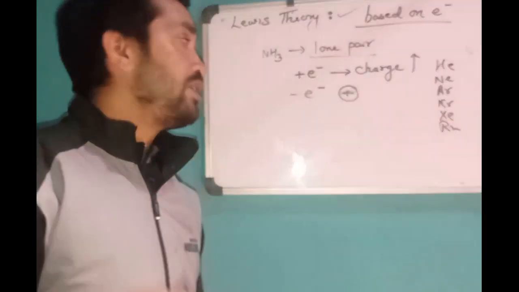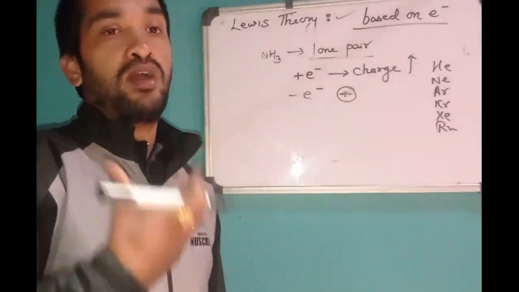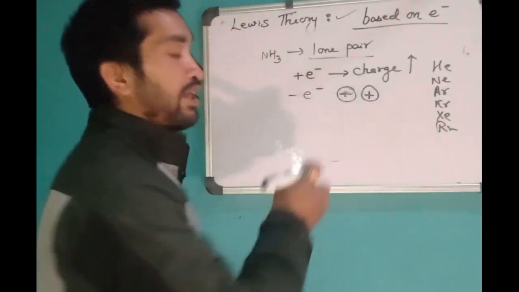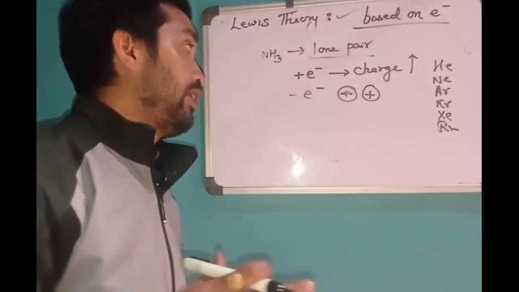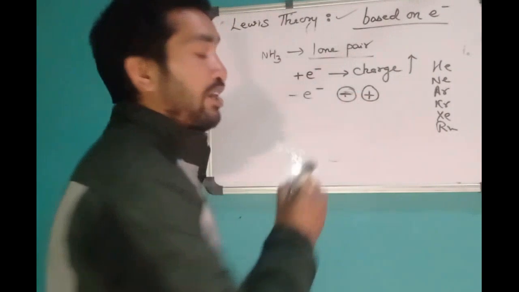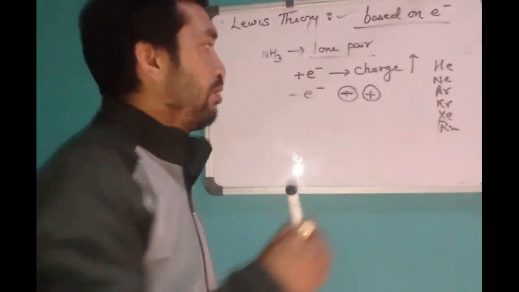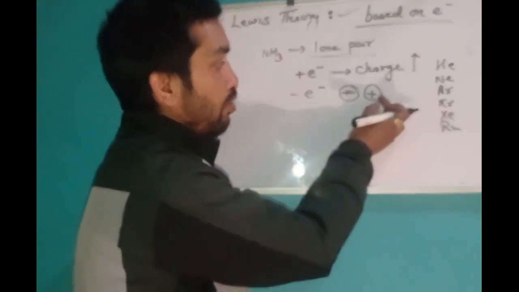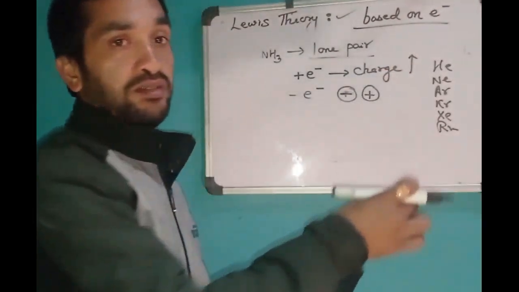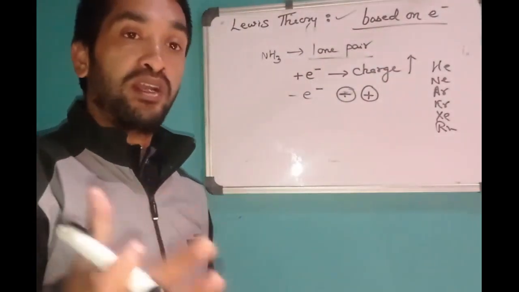Now if it donates electrons, what will happen? It will acquire positive charge. So this positive charge will neutralize the negative charge of ammonia. Think about it very carefully. Ammonia has negative charge over it because of the lone pair of electrons. So when it donates electrons, it will acquire positive charge. It means its charge will decrease, because it already has negative charge and you are now providing it positive charge.